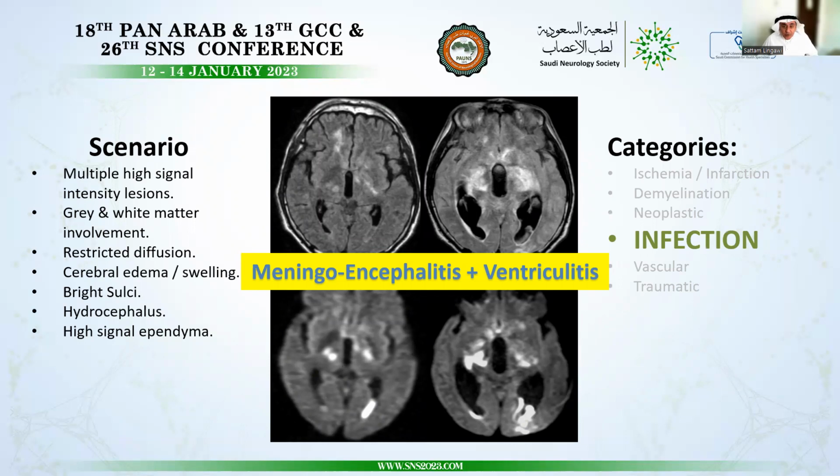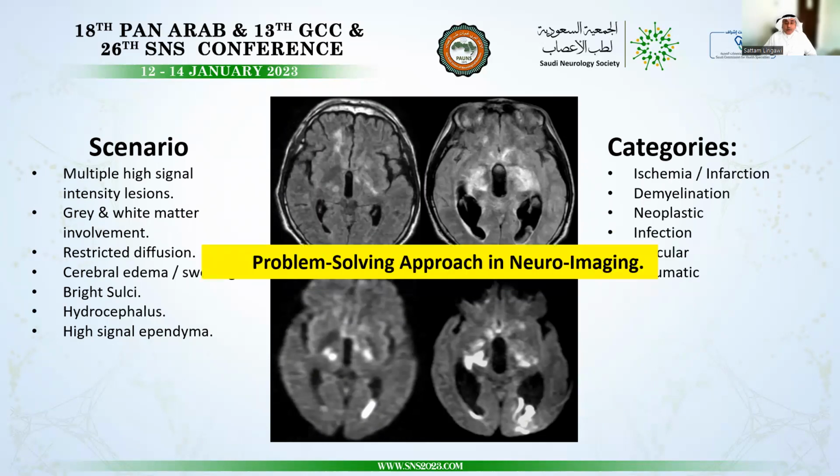So what I aimed for in this presentation is to give an approach to problem-solving methodology in looking at neuroimaging. What you should do on your routine evaluation of your patient's images is the following.